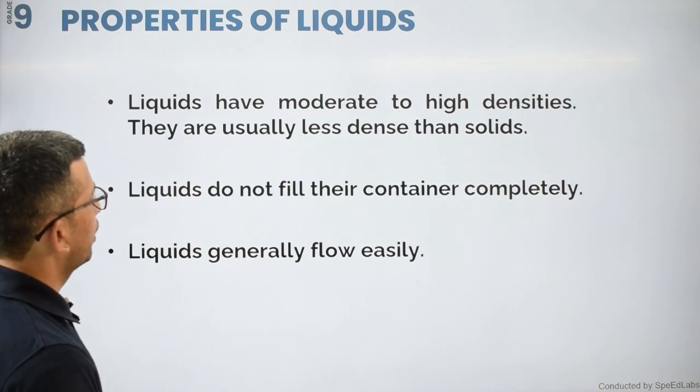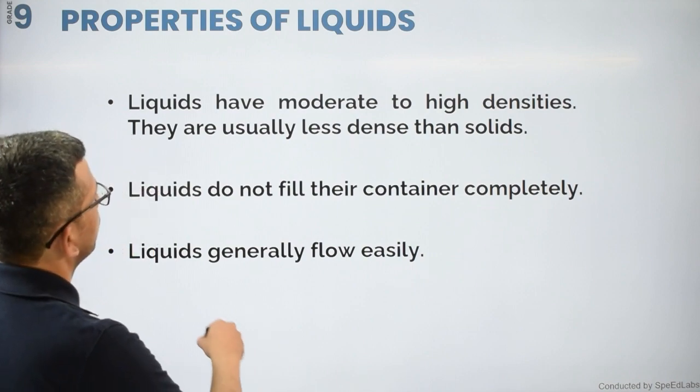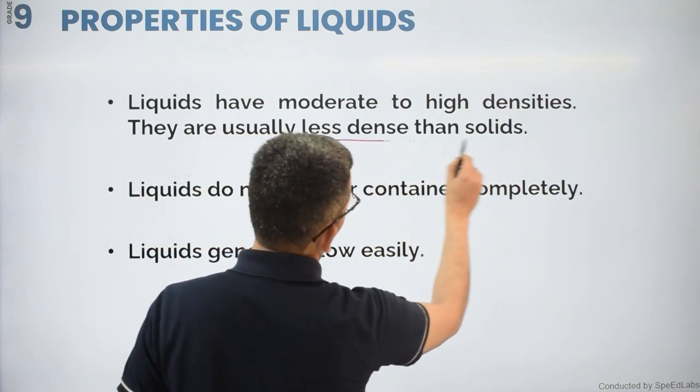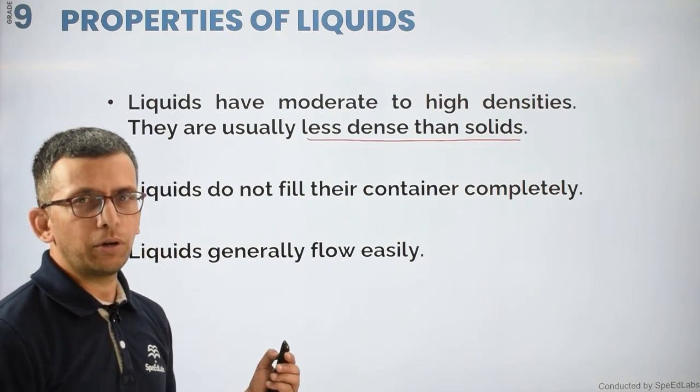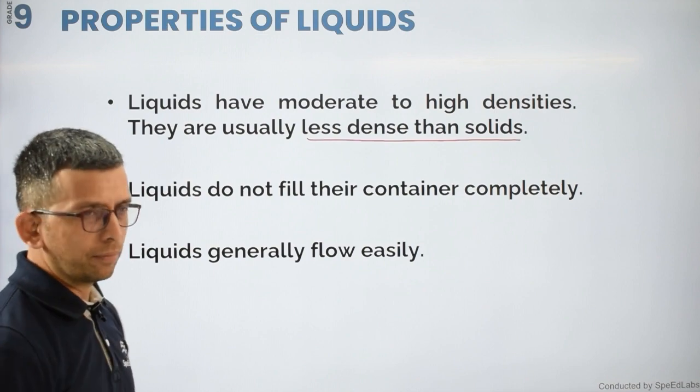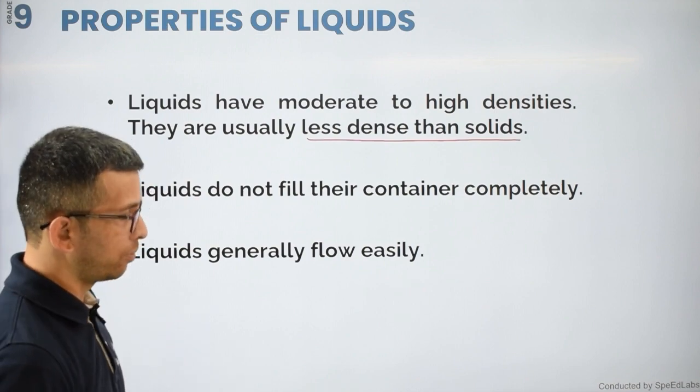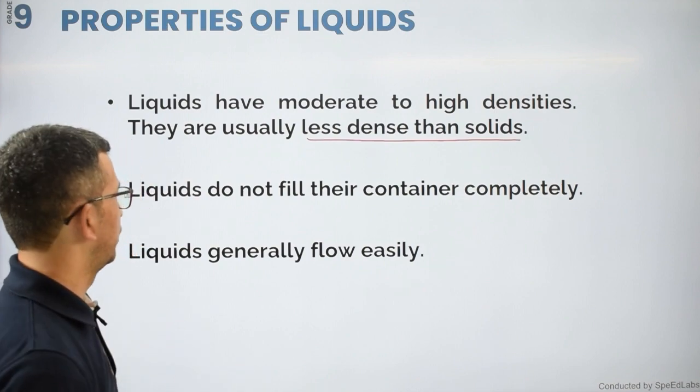Now liquids have moderate to high densities. They are usually less dense than solids. This is a very nice point, because whenever I compare solids and liquids, the liquids have lower densities than the solids.